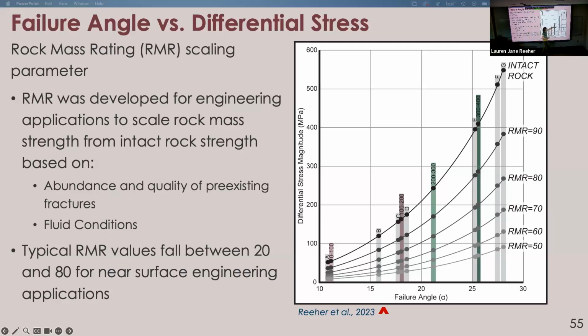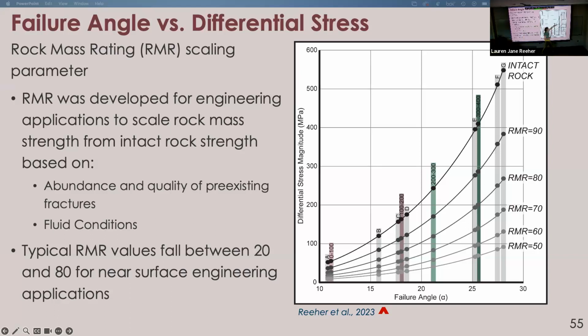But what we see is, for intact rock, the differential stresses that we get at each one of these stations. So this is the failure angle that was calculated at each field location, and based on that nonlinear failure criteria for intact rock, these are the differential stress magnitudes that would have been required to create that failure angle. For intact rock, you're getting up to 600 megapascals of differential stress, which is really, really high.